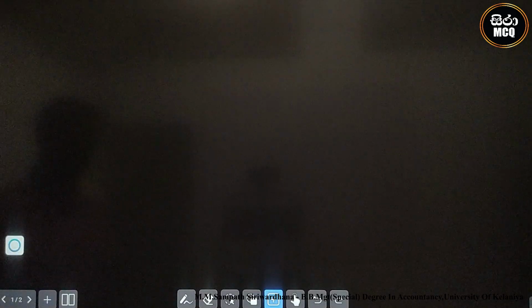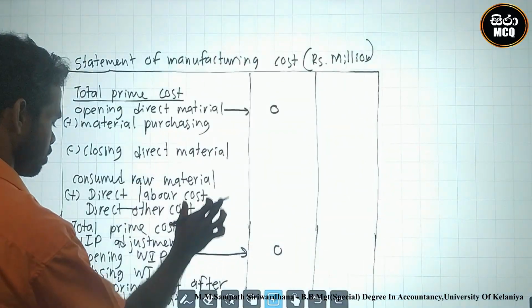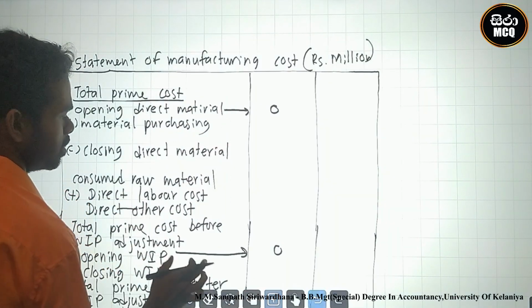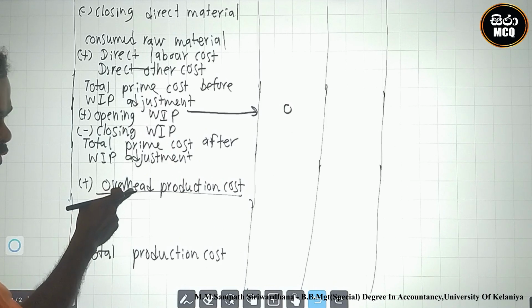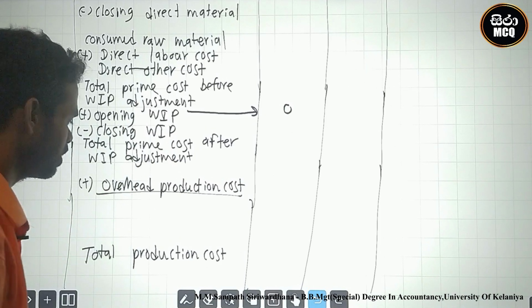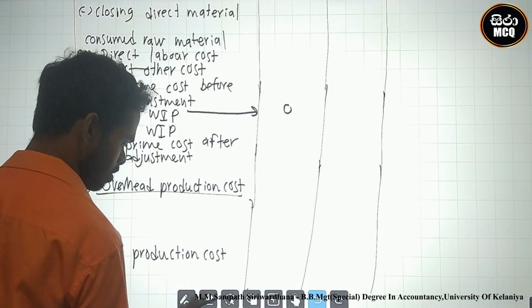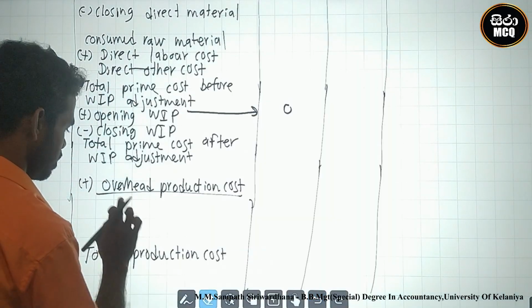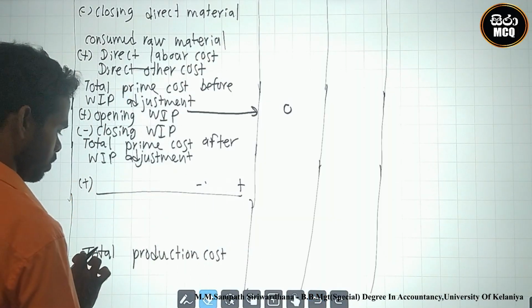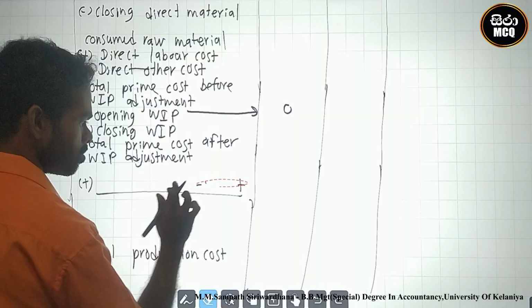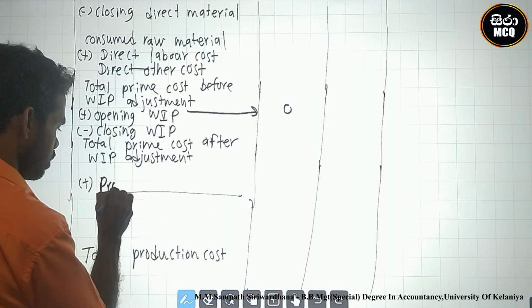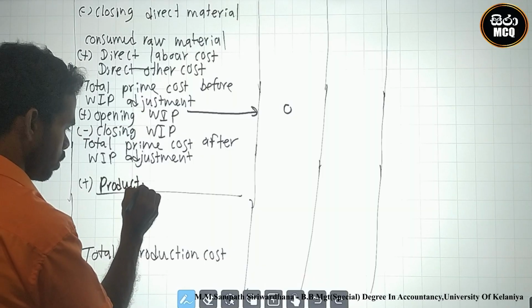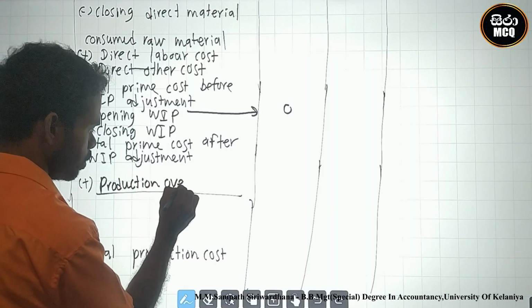Therefore we can include this, because machinery depreciation is related to the production overhead cost.